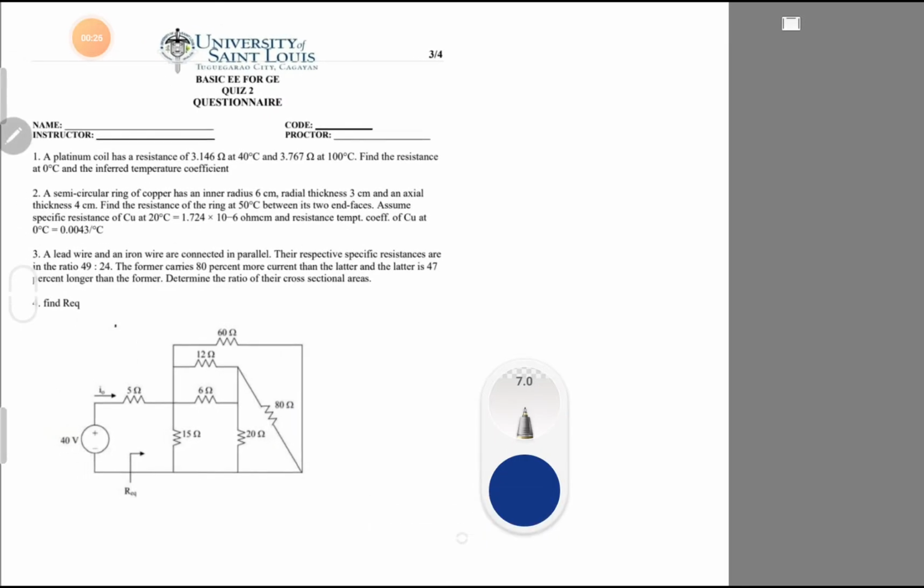So from this, we can analyze this in our graph. By graphing that one, you can see that we have our R1 and also our R2. What is being asked is the resistance at 0 degrees Celsius and also the inferred temperature coefficient.